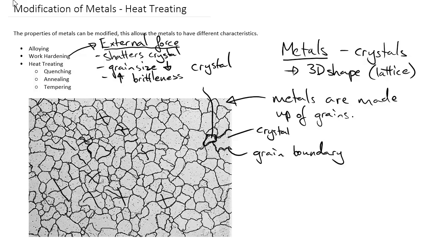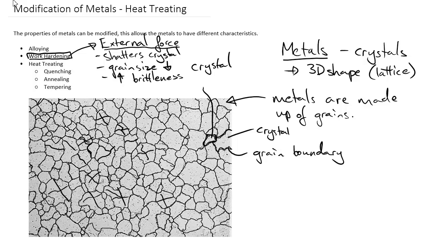So eventually, if you're trying to scoop up ice cream, that metal is going to be so resistant to motion that eventually it will just snap into two pieces. So that's basically what work hardening is. Work hardening is a process. It doesn't involve heat at all. It's just a process in which you're applying an external force.